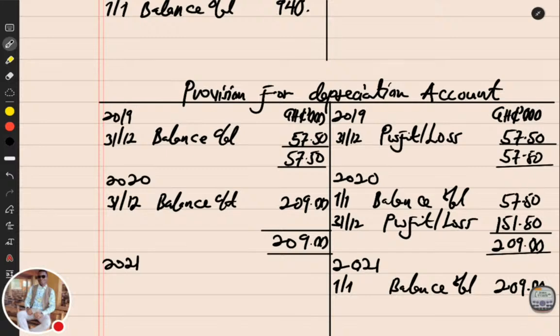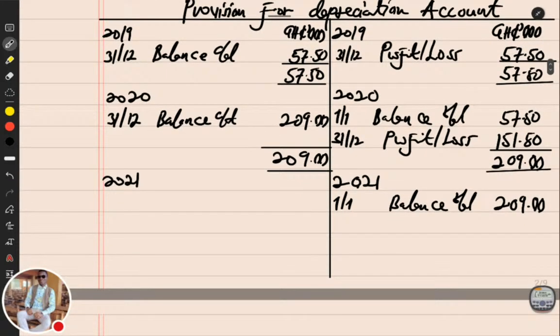So let's take note of that. Since we have the accumulated depreciation at the credit side of provision for depreciation, we will debit it so that we subtract that disposal value, in terms of the depreciation we have provided, from the total accumulated depreciation of the machines. So let's take note of that, right?